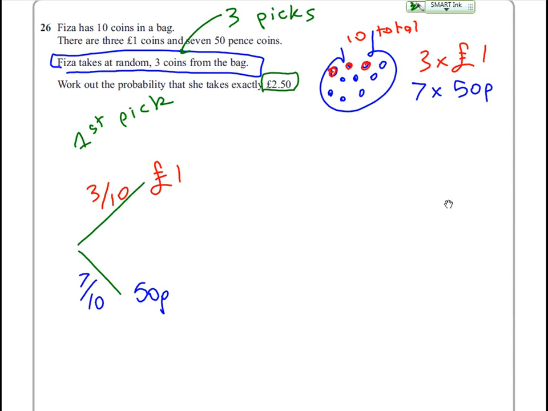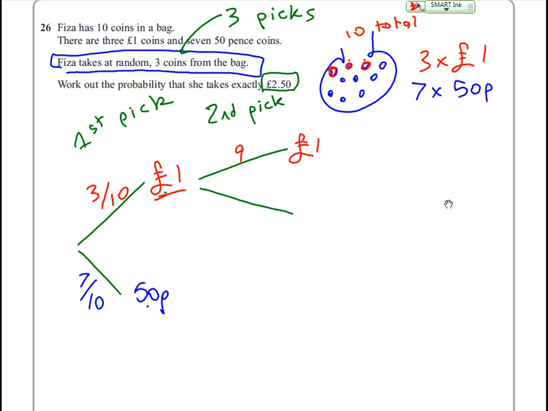On our second pick, we've already taken out either £1 or 50p. So that means we've taken one out of the bag, and we've only got 9 left. So our probability is going to be out of 9. For a £1 coin, if we've taken £1 already, there's only 2 left. So it's 2 out of 9.